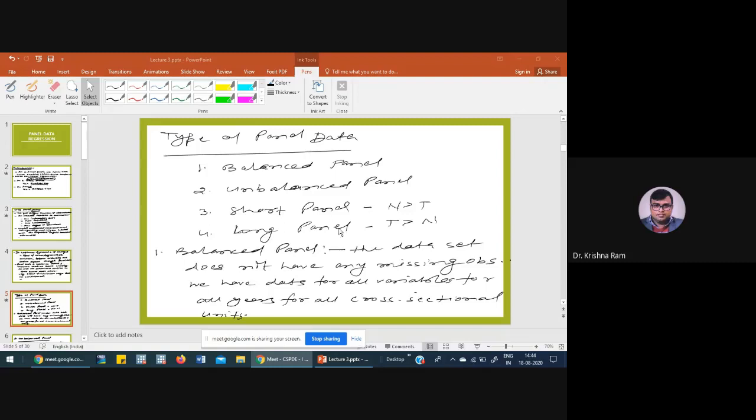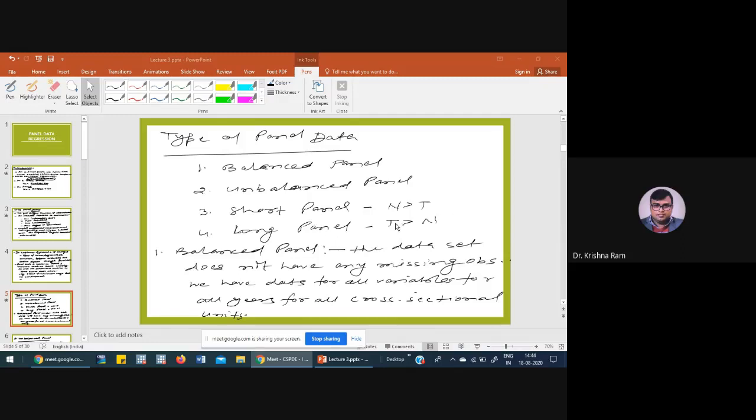So here, if n is 1000 and t is 10, so the time period is only 10 years and the cross-sectional unit is 1000. In that case, we can say we are having a short panel.